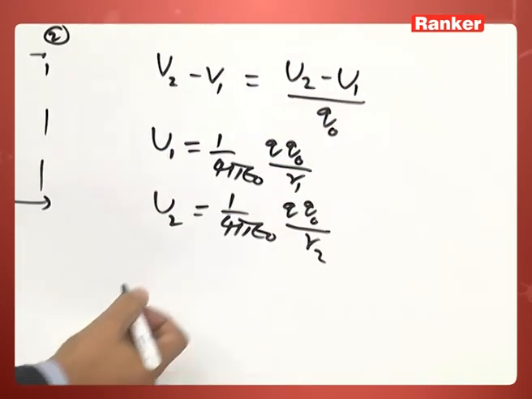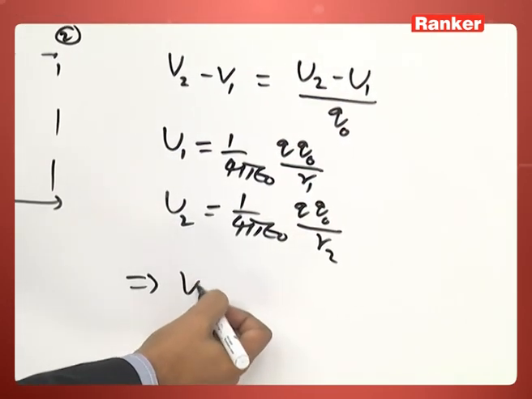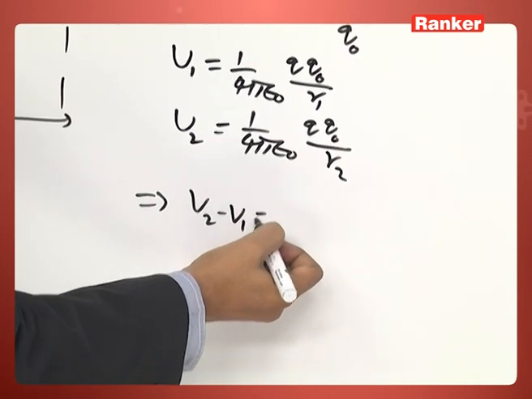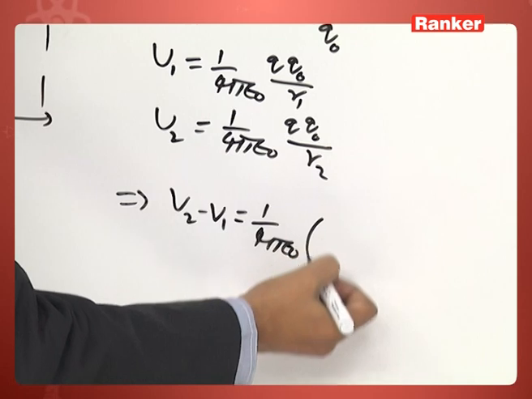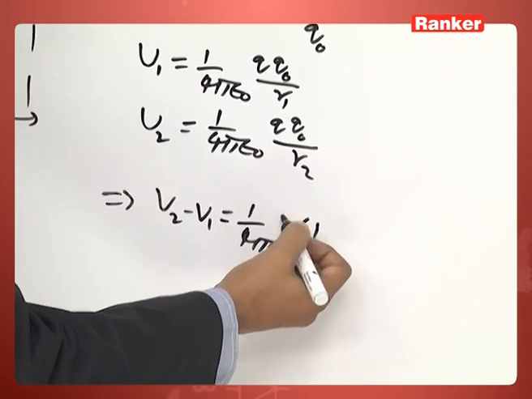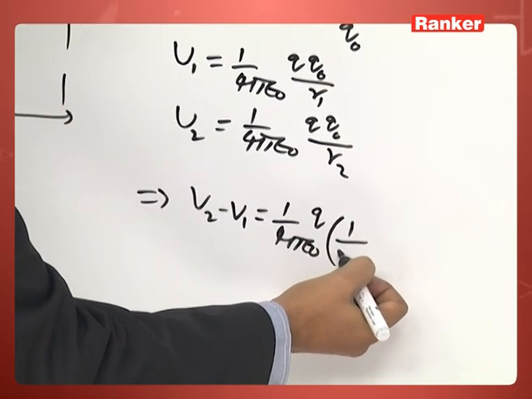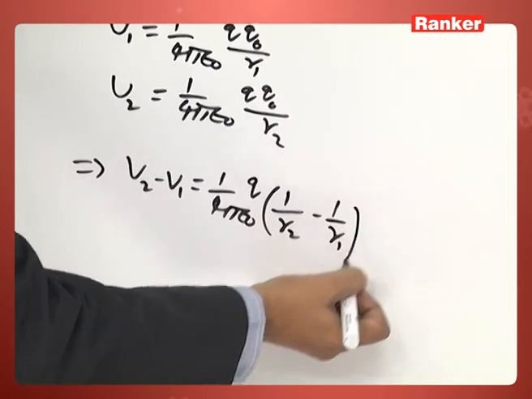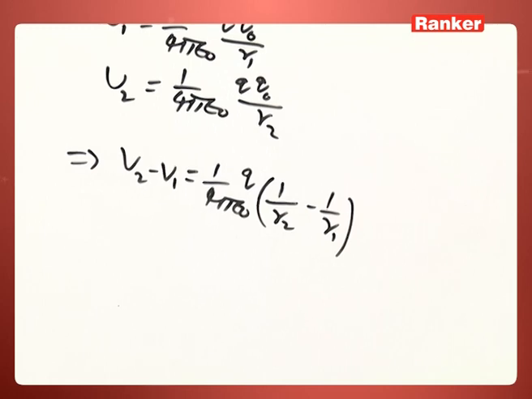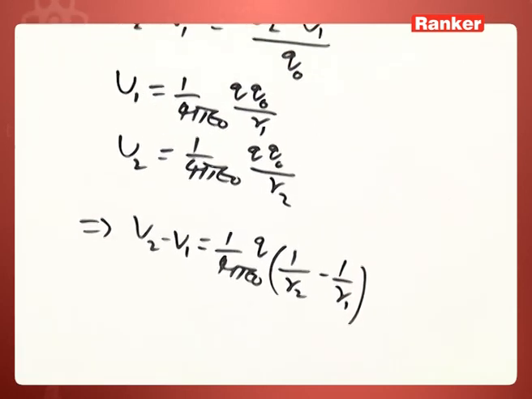Substituting this, we get V2 minus V1 is 1 by 4 pi epsilon naught Q times (1 by R2 minus 1 by R1). This is the potential difference between points 2 and 1.